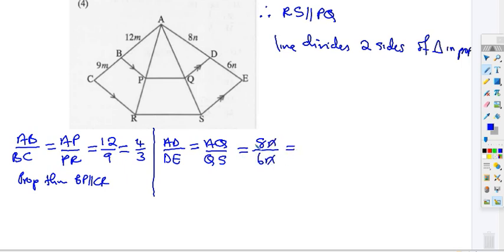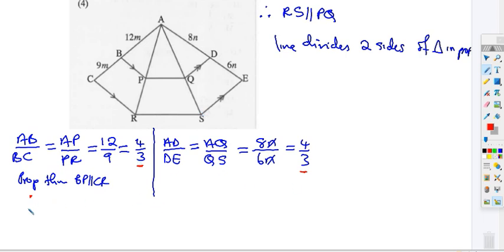These will cancel, divide by 2, both of these, we have 4 over 3. Now we can see that for this one we got 4 over 3, for this one we got 4 over 3. So we can say this over that is equal to this over that because they have the same ratio.